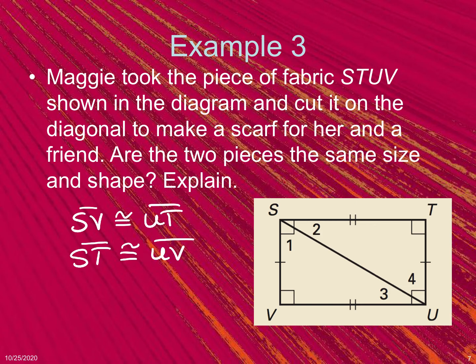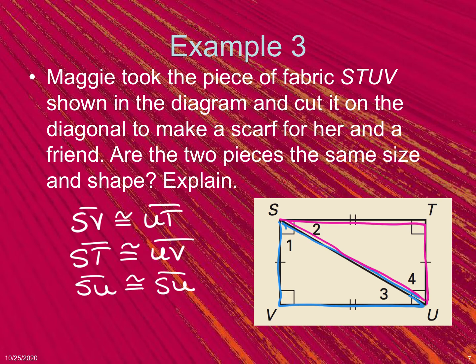And then this one in the middle here, realize that this is the one scarf and this is the other. And notice this SU is the same for both scarves. So I could state that SU is congruent to SU by my reflexive property.